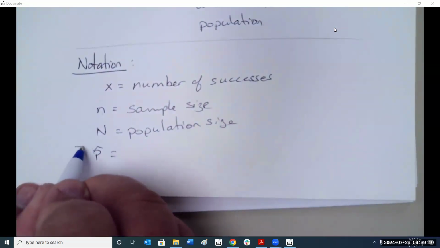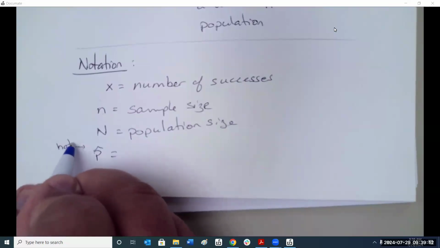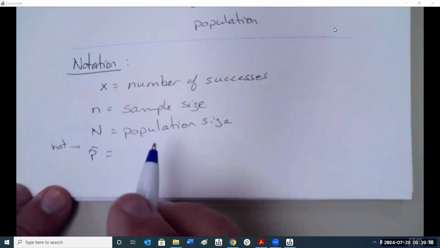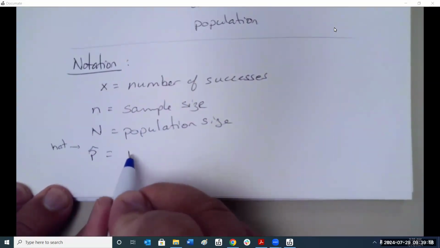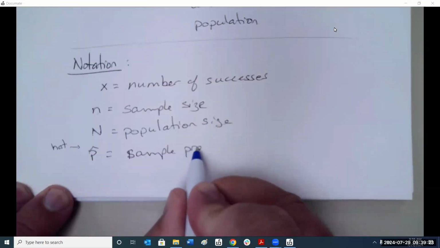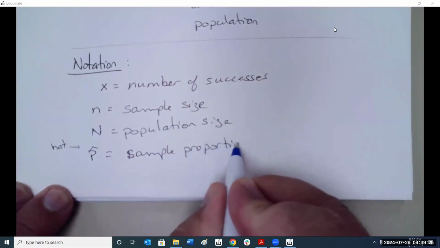P, this is called a hat. P hat is the sample proportion.